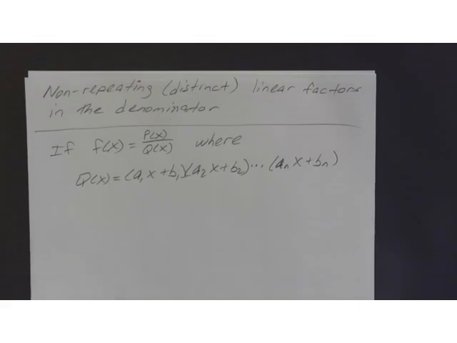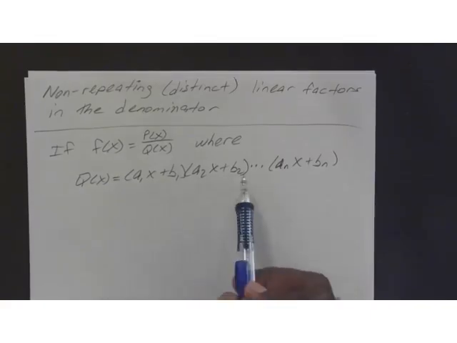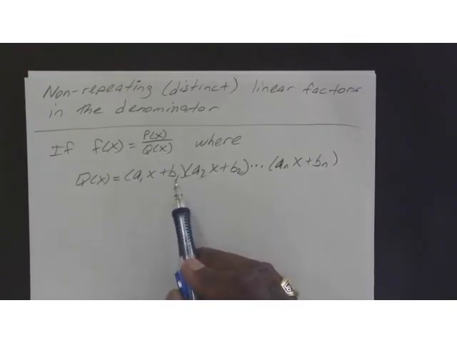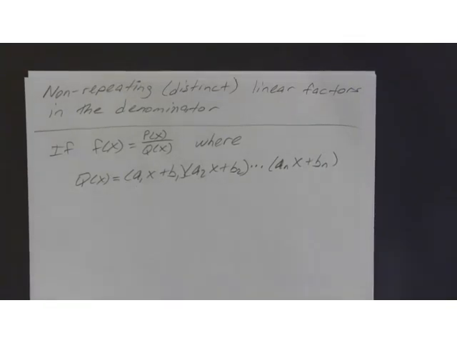Assuming that all of those factors are different, none of them are repeating. All the coefficients are different. Well, they could be the same coefficient, but we know that they're not identical.